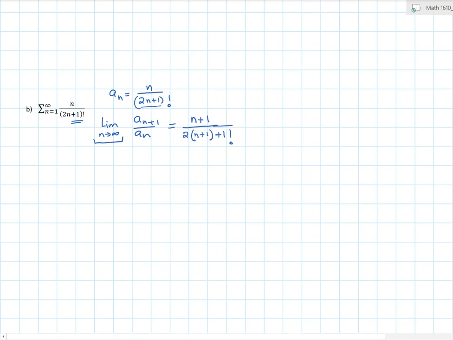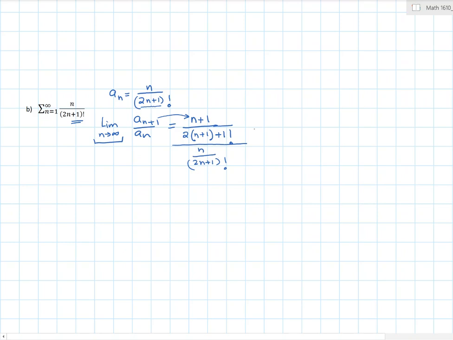Remember, I'm replacing n with n+1. So this is a_(n+1). Now I have to divide this by a_n, which is obviously very simply n divided by (2n+1) factorial.